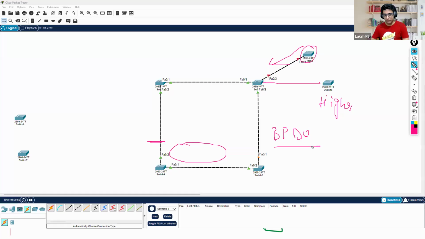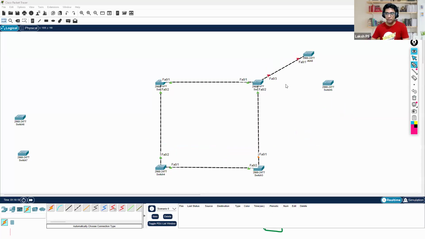It does not check if it is a higher MAC address or a lower MAC. It's a BPDU. I'm receiving a BPDU on a BPDU guard interface, so I will block the interface. Clear?